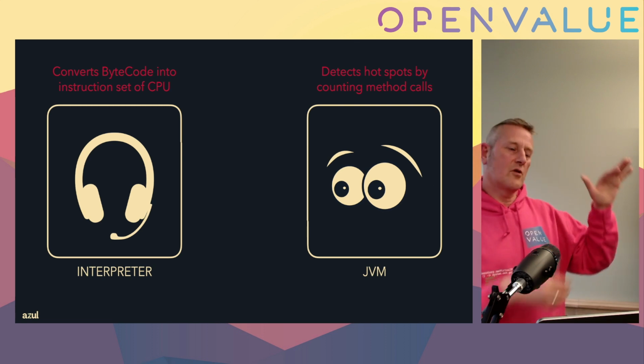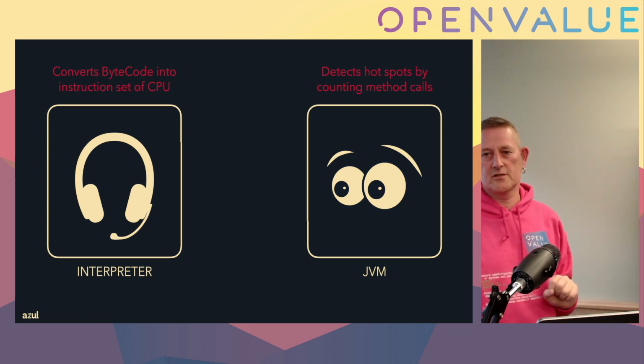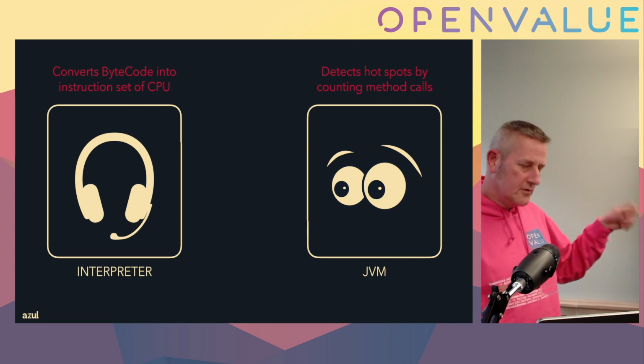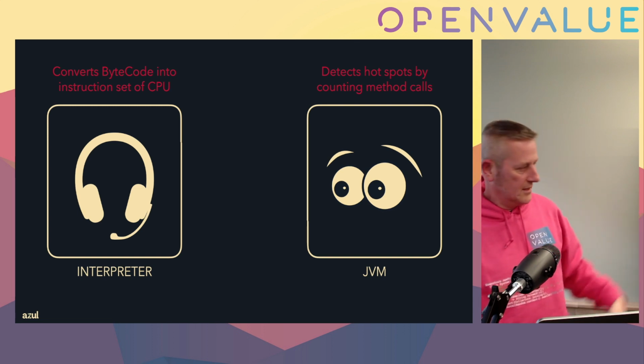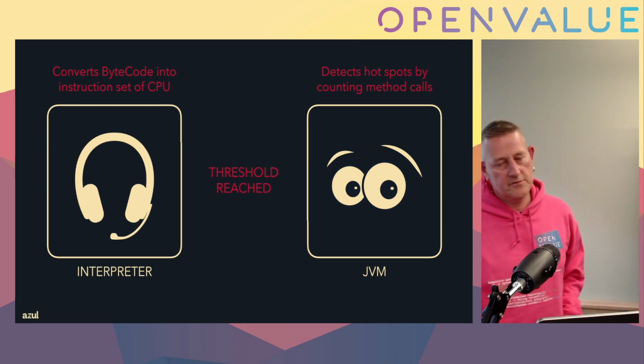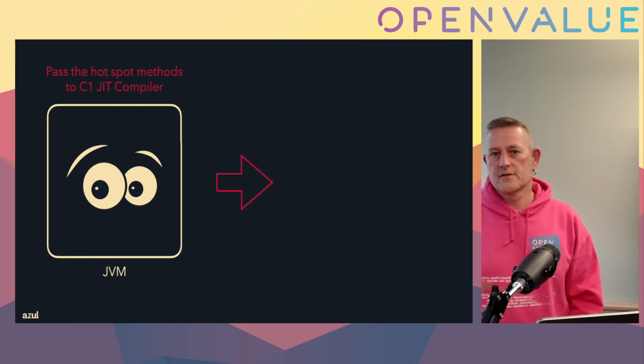So that means if you put all your code in the main method, there won't be any compilation. It will run in interpreted mode only. So only if you use methods, then it will start counting the method calls, and after it reaches a specific threshold, it will take these methods and put them into the C1 compiler.